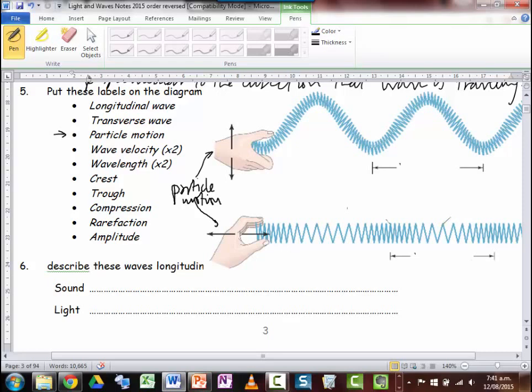In this lower one, the hand kind of moves horizontally and causes a wave to travel horizontally as well. So in the bottom one, the motion of the particles that make up the wave is in the same direction or parallel to the direction that the wave is moving. So that means that this bottom one is a longitudinal wave. And this top one is a transverse wave.